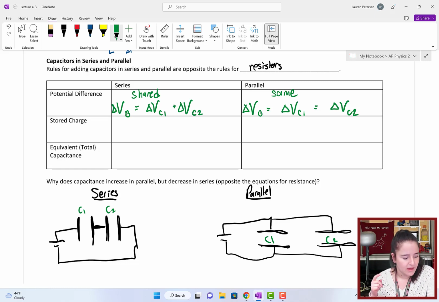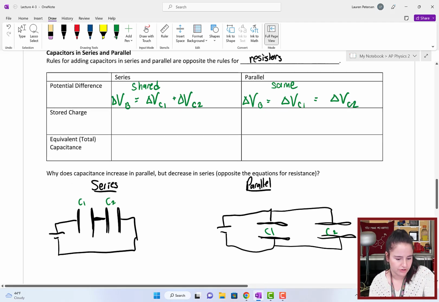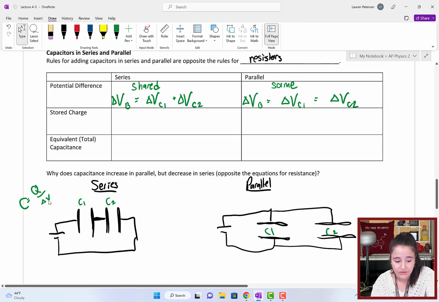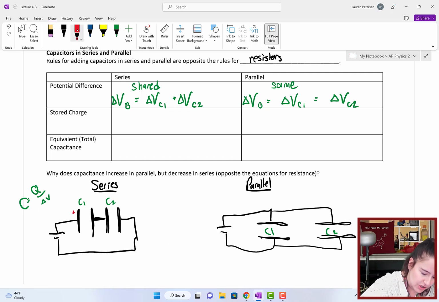But now let's think about the charge. We have C equals Q over delta V. If these have the same capacitance, and they're each going to have half of that voltage, they're going to have the same charge on them. It's not going to be the full charge of all of it, because you can picture that as charge builds up here, it is causing charge to build up here, which is causing it to build up here.